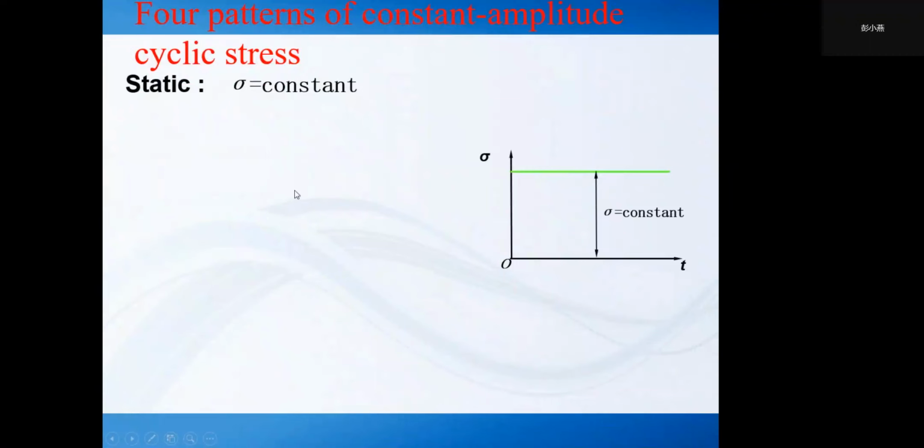That's the 4 patterns of constant amplitude cyclic stress. For static stress, the applied load is held at a constant value as you see in the figure on the right.